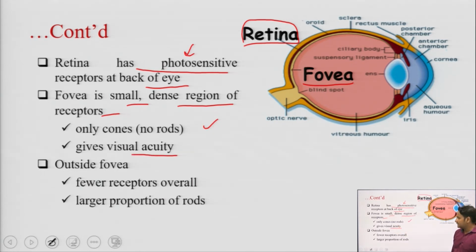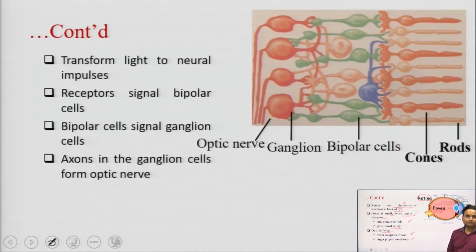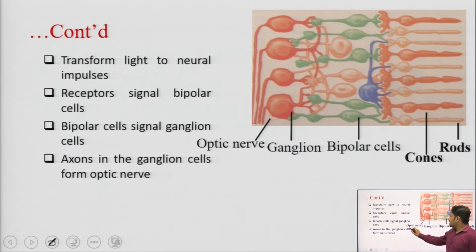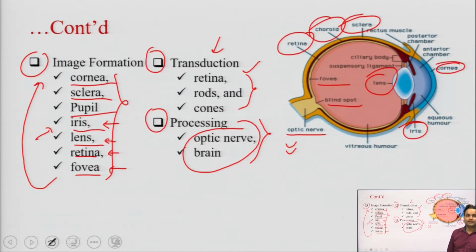Outside the fovea, there are fewer receptors overall, and a larger portion of rods is present there, and these are the important terms you can identify inside the eye. The optic nerve is actually responsible for processing, because the optic nerve is the processing part of an image, that is the physical aspect of the human eye.